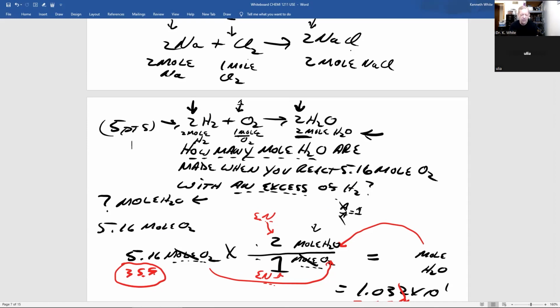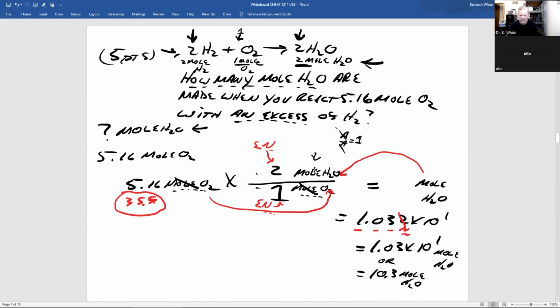Let me start that again. 2 moles of hydrogen reacted with 1 mole of oxygen to make 2 moles of water. And since we're trying to find a relationship between moles of water and moles of oxygen, it's right here. 1 mole of oxygen, that's where I got the 1 from, makes 2 moles of water. That's where I got the 2 from here. And that's how you do it.